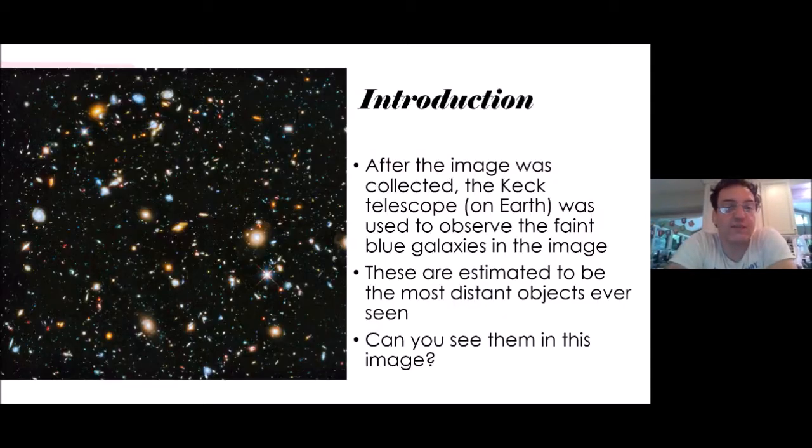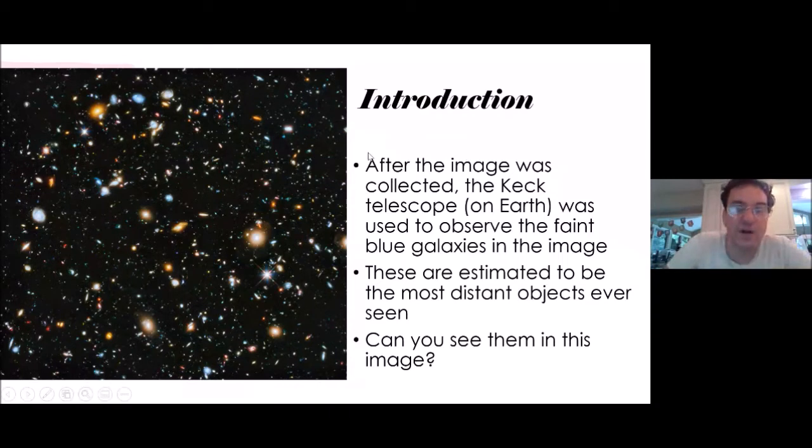Afterwards, they looked at the image, and after the image was collected, the Keck telescope, which is on Earth in Hawaii, was used to observe some of the faint blue galaxies in the image. The blue galaxies are estimated to be the most distant objects ever seen.